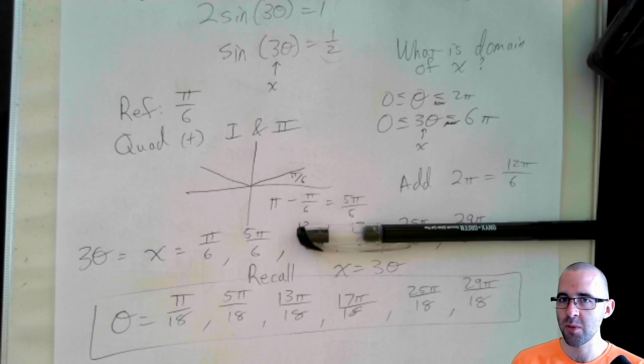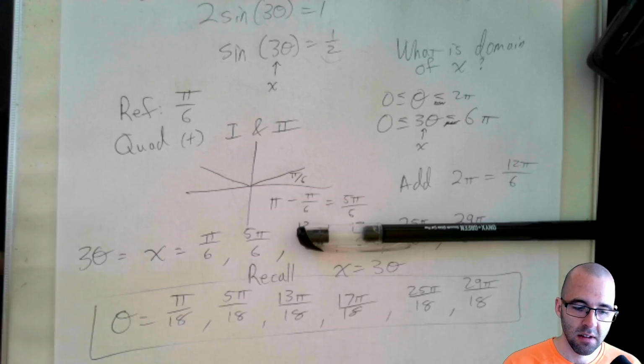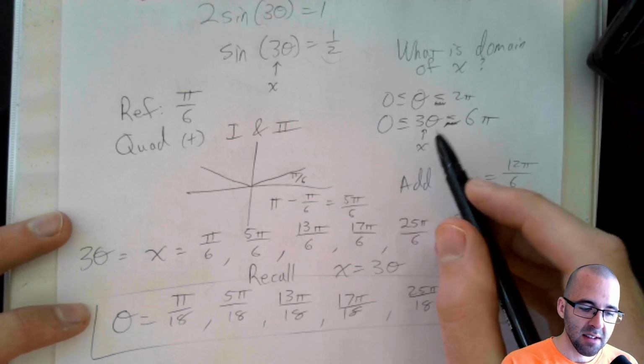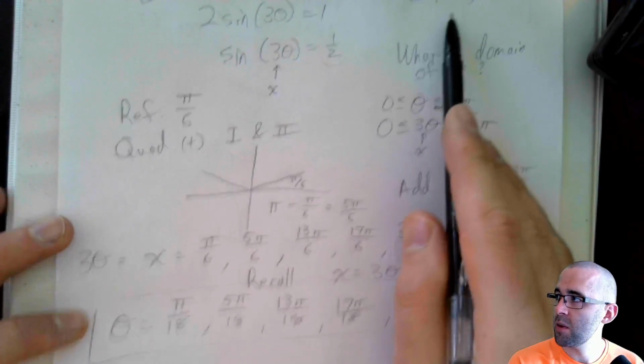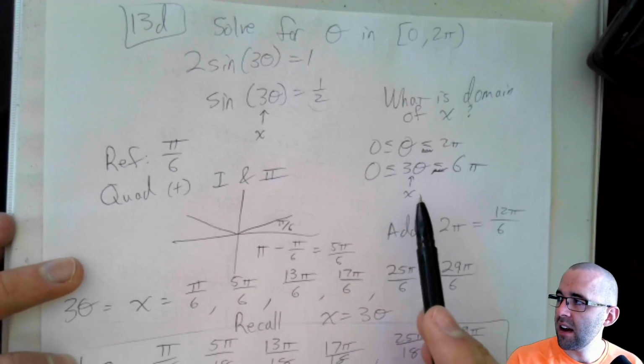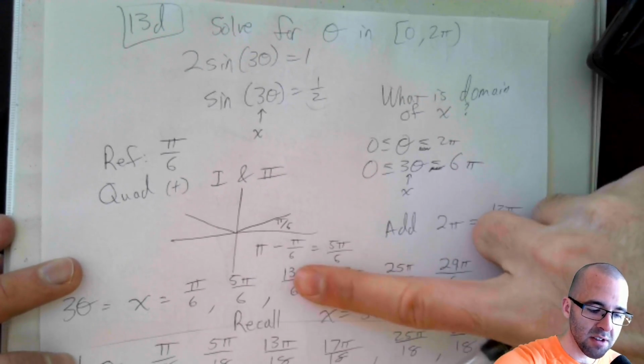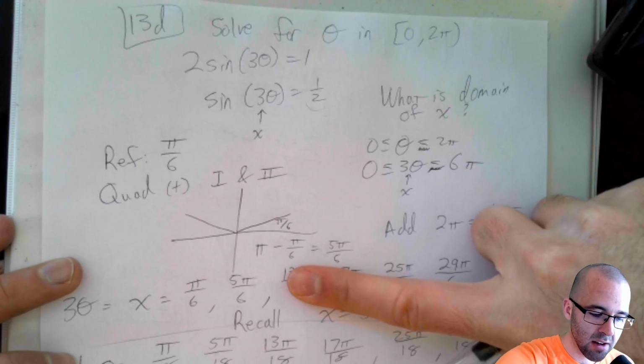Now the other 4 answers are more complicated. Remember, we said that if theta is in 0 to 2 pi, x is between 0 and 6 pi. So again, these 2 answers are just the answers in 0 to 2 pi.